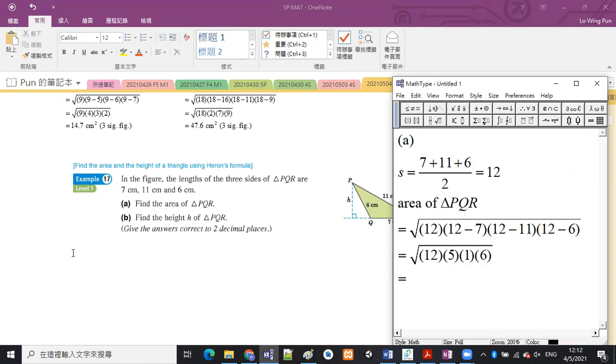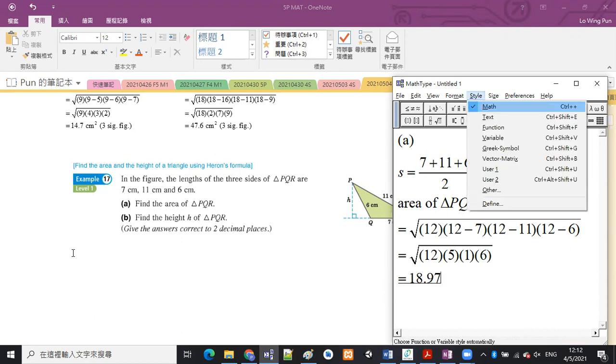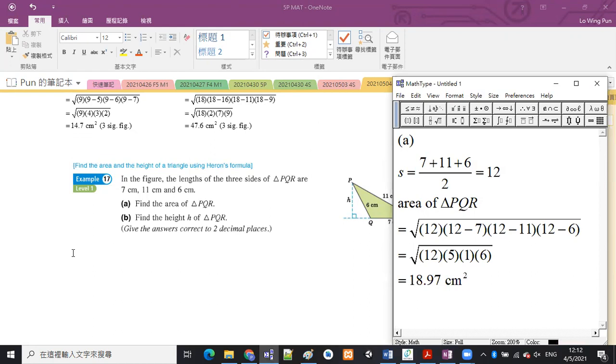That should be equal to, use the calculator, 18.97 something. Oh, no, this is 2 d.p. It's 18.97 cm square. And this one is 2 decimal places.